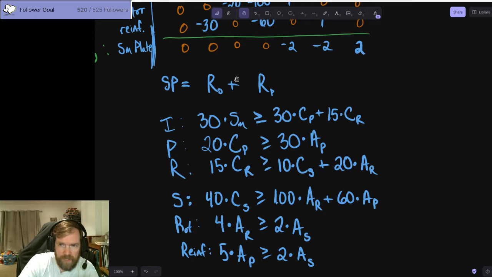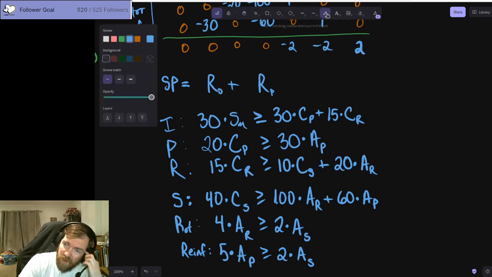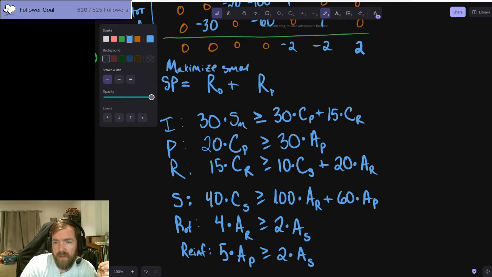Granted, it's 2 a minute, but that's not the point. We're trying to maximize the number of smart plate we can get out of this. But these are not less than or equal to. What is this? These constraints are not what I was expecting.